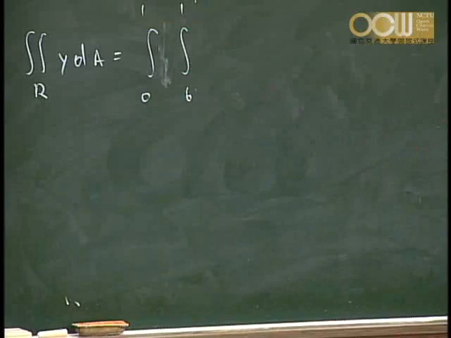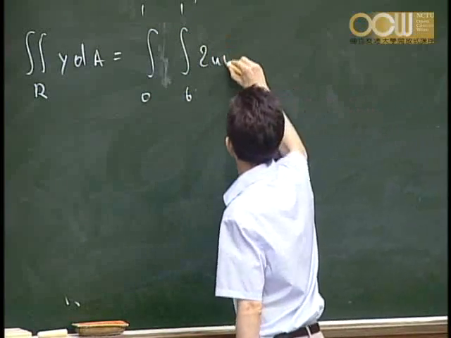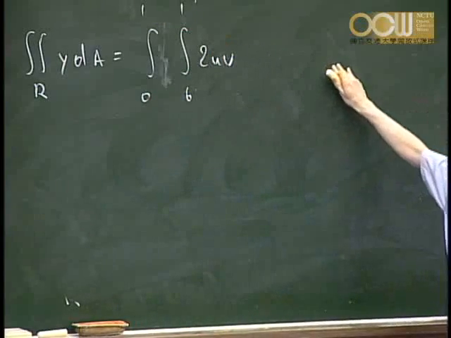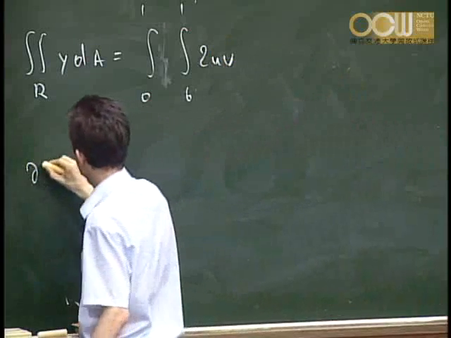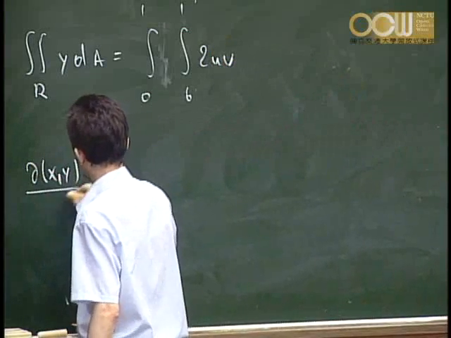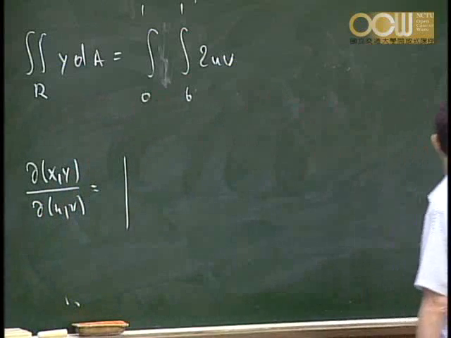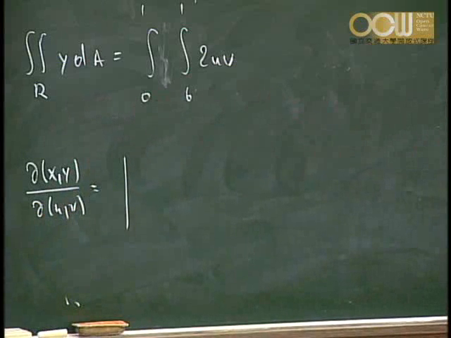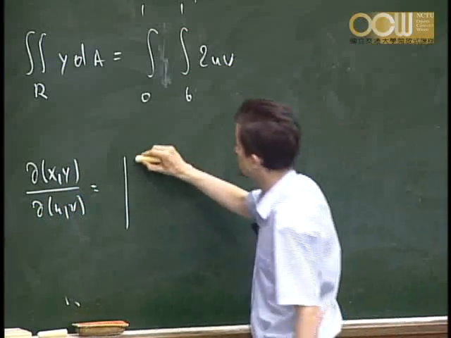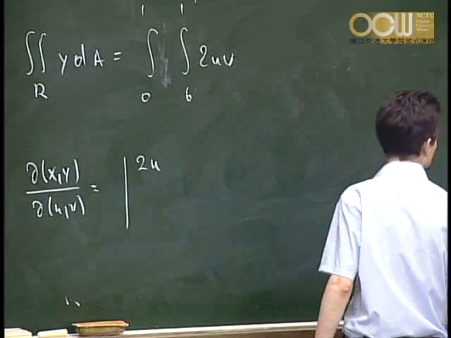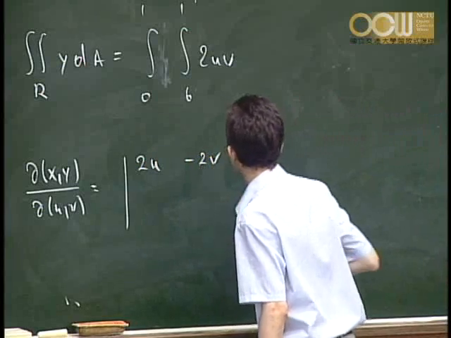Now the y becomes this function, and we have to figure out what the Jacobian is. The Jacobian is the determinant where the first row has the partial derivative of x with respect to u, which is 2u, and the partial derivative of x with respect to v, which is minus 2v.